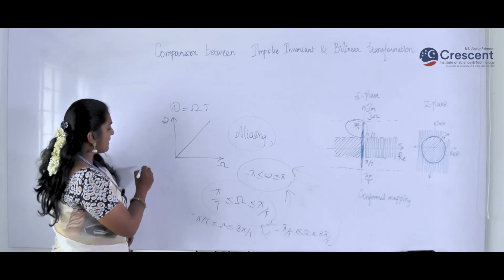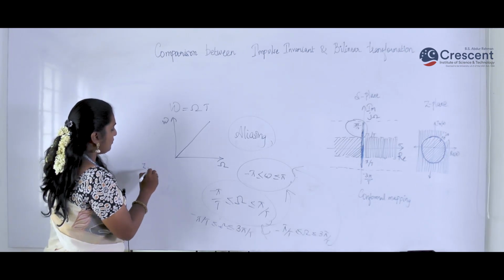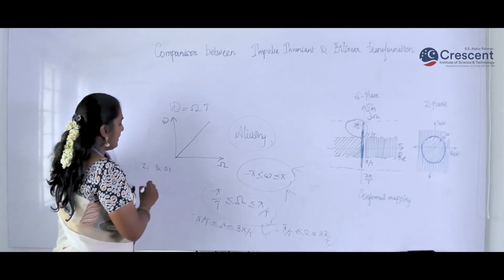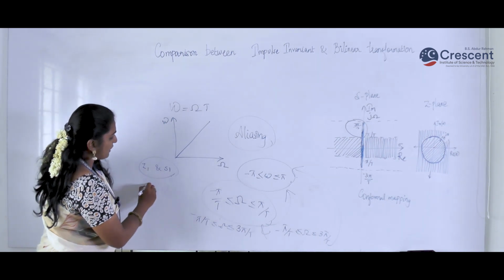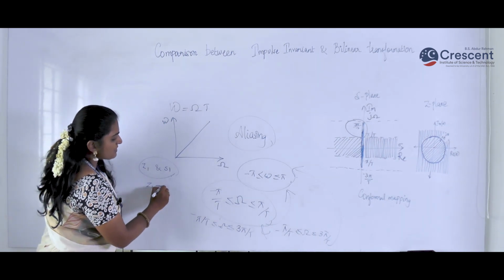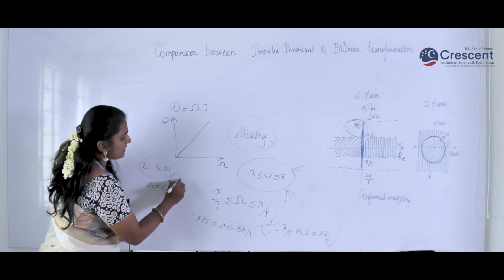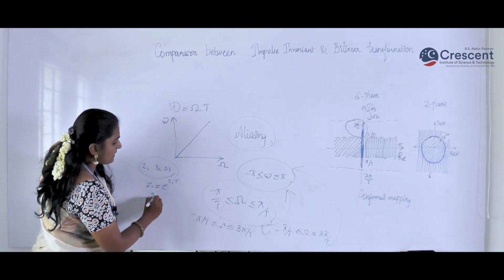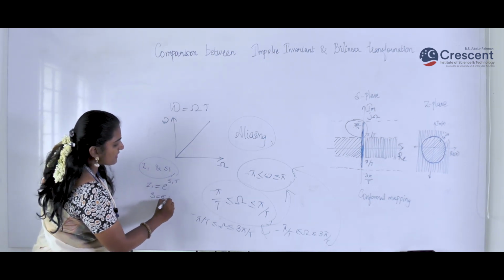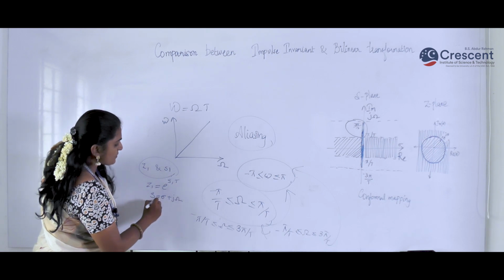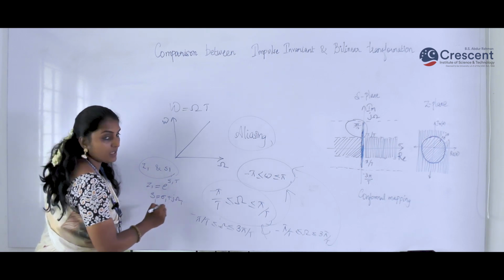For example, let us consider a pole Z1 and S1. The relation between Z1 and S1 is Z1 is equivalent to e power S1 into t, and the pole can be represented as sigma plus j omega, so S1 is equivalent to sigma 1 plus j omega 1.